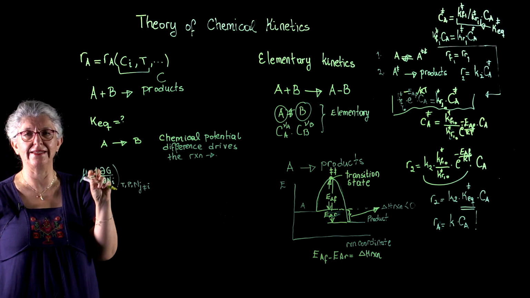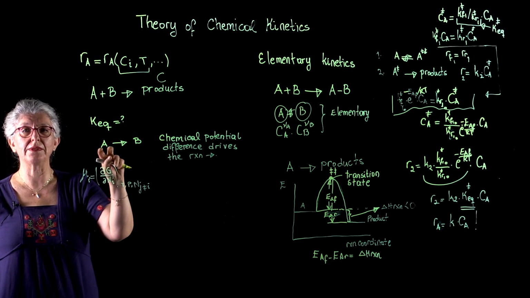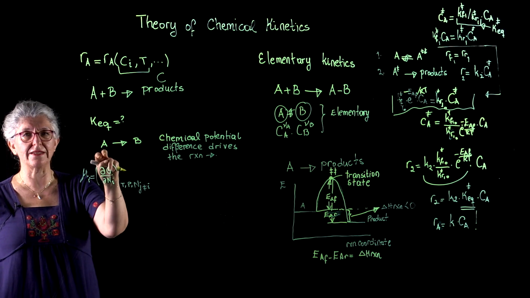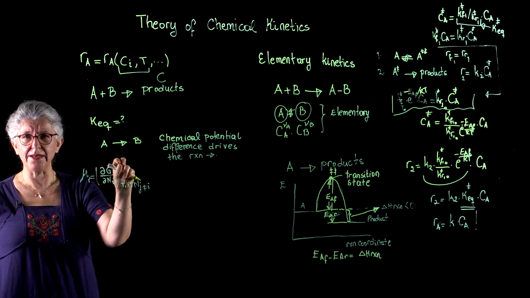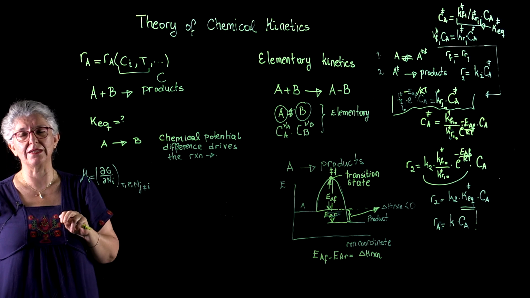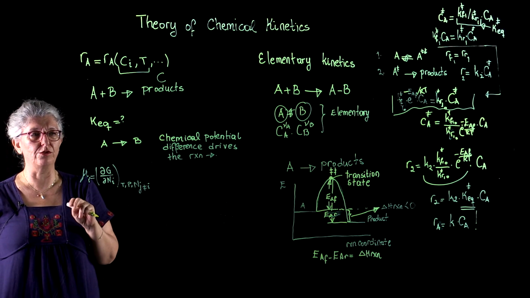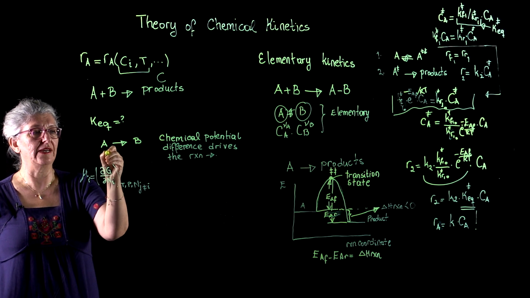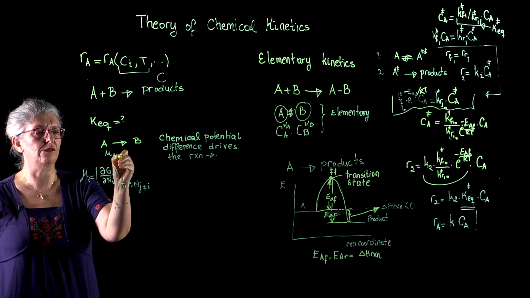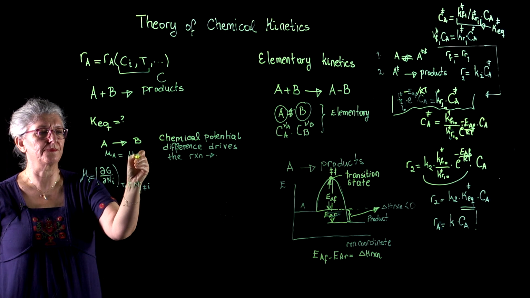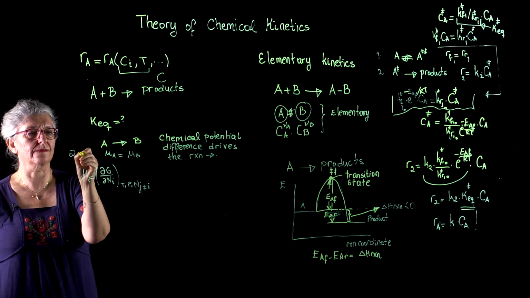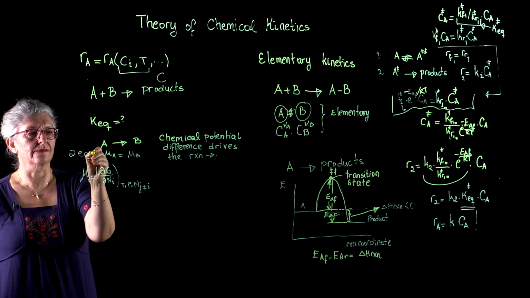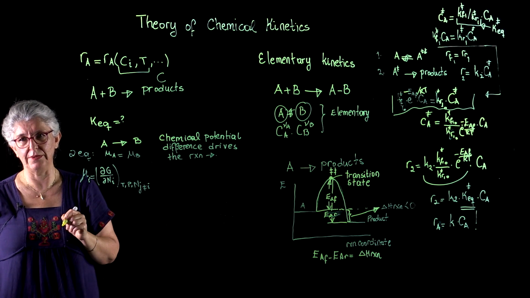And when the chemical potential difference between the reactant side and the products diminishes, then we call this reaction to be at equilibrium. In other words, at equilibrium, we have mu A equal to mu B. At which equilibrium? At chemical equilibrium.